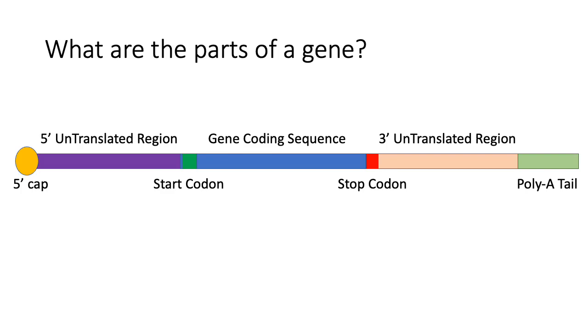The part of the RNA that encodes protein is a subset of the whole RNA. In this case, that is the blue bar that I have labeled gene coding sequence. That is your gene. The mRNA still goes from the 5' cap to the poly A tail. The mRNA is larger than your gene coding sequence.